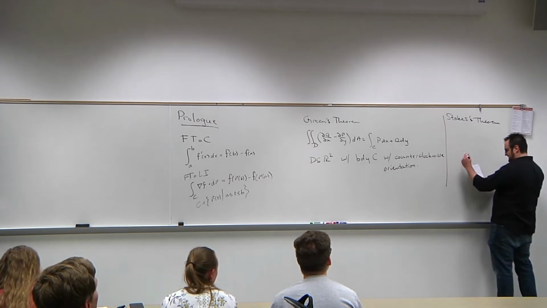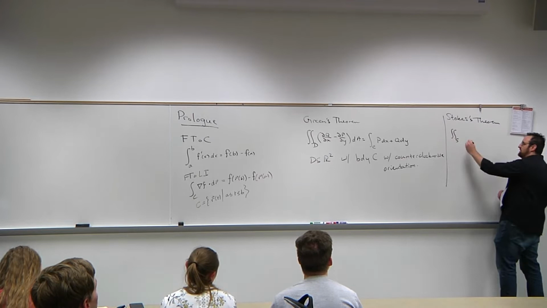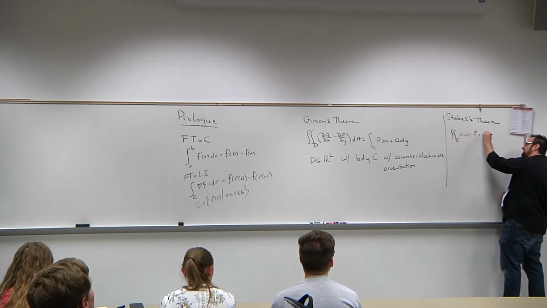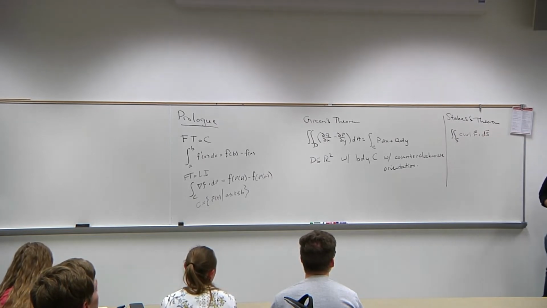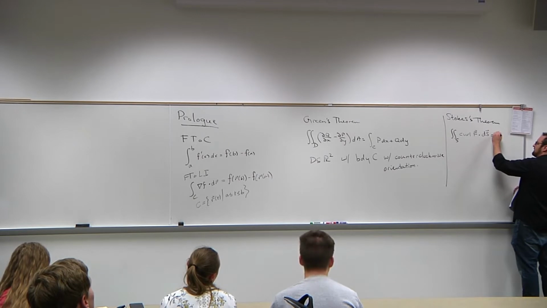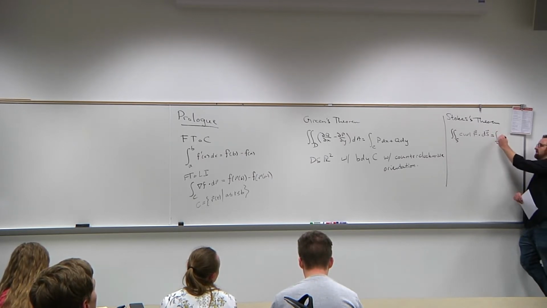And what does it look like? Yeah, it's the surface integral over S of what again? Curl of a vector field F dot dS, and this is the vector version. And this equals the line integral over C of what?